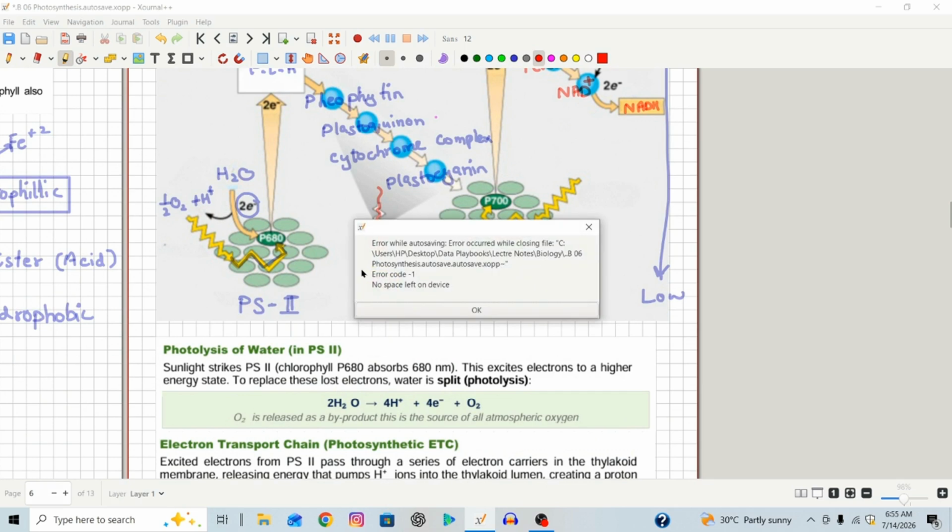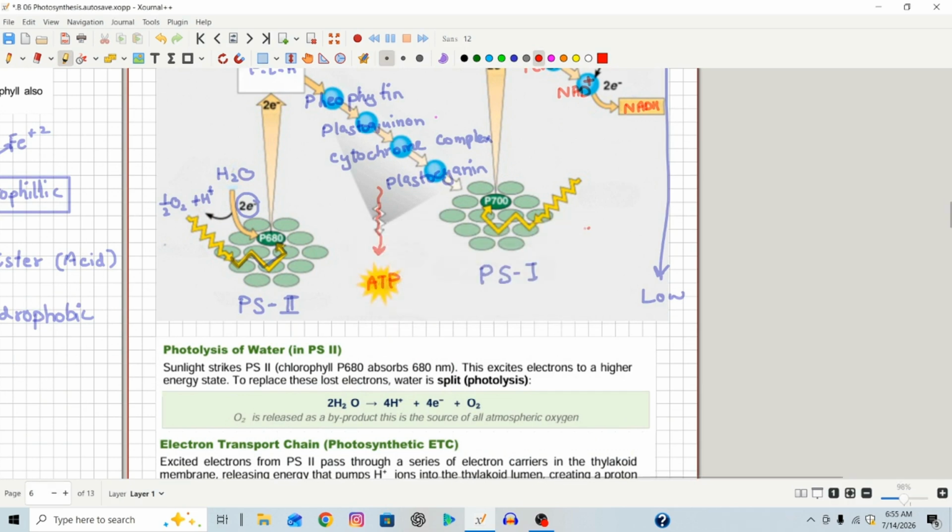So first of all, where did the electron start? What was the first to accept the electron? It was photosystem 2. After photosystem 2, the electrons went to the primary electron acceptor, right? After the primary electron acceptor, the electrons went to pheophytin and then to plastoquinone. I am skipping pheophytin because it is not mentioned in many books, but you still have to remember it, okay? And then it will go towards the cytochrome complex, right?